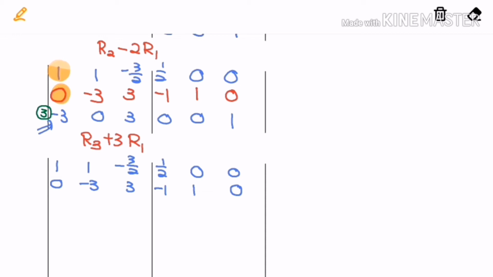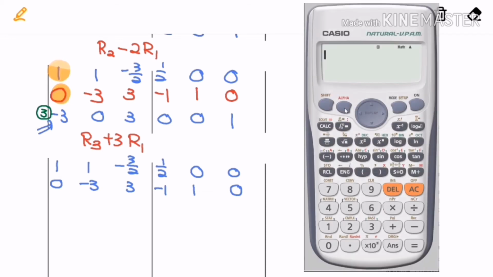Now with the help of the calculator again, we have to key in the formula. In this part, R3 is actually x plus 3 R1, which is equal to y. So now we are going to key in x plus 3y.